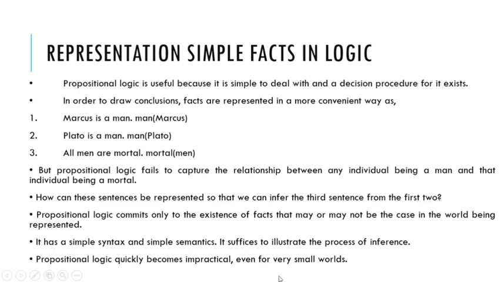Propositional logic commits only to the existence of a fact that may or may not be the case in the world being represented, right? It has a simple syntax and simple semantics. It suffices to illustrate the process of inference, and propositional logic quickly becomes impractical even for very small cases, right? So to represent two different sentences, we are going to write a third one, right? So it will work like this only.